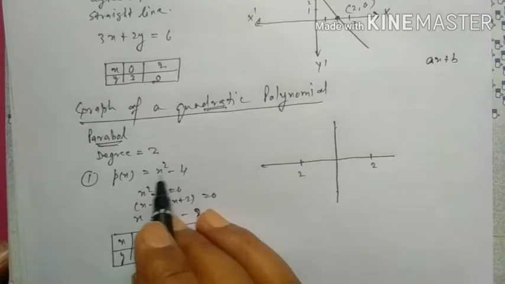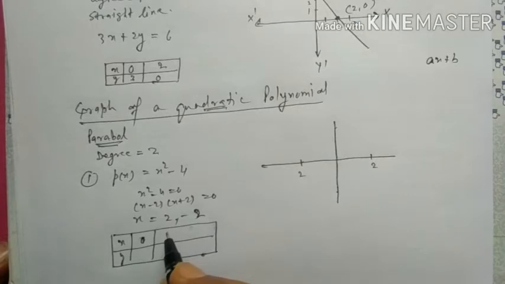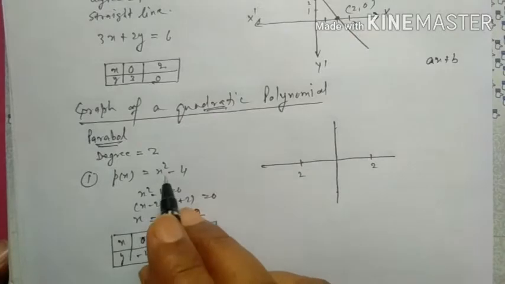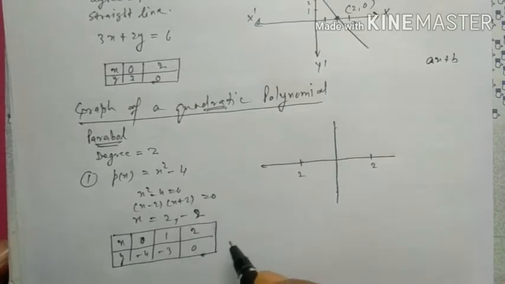When you put x equal to 0, then y equal to -4, and x equal to 1, y equal to -3, x equal to 2, this is 0, and we can take some more points here.